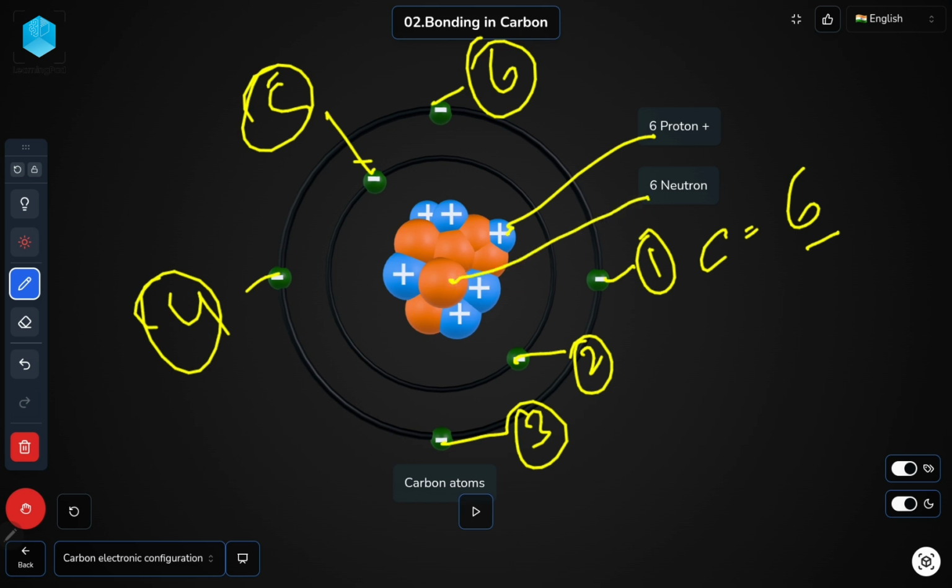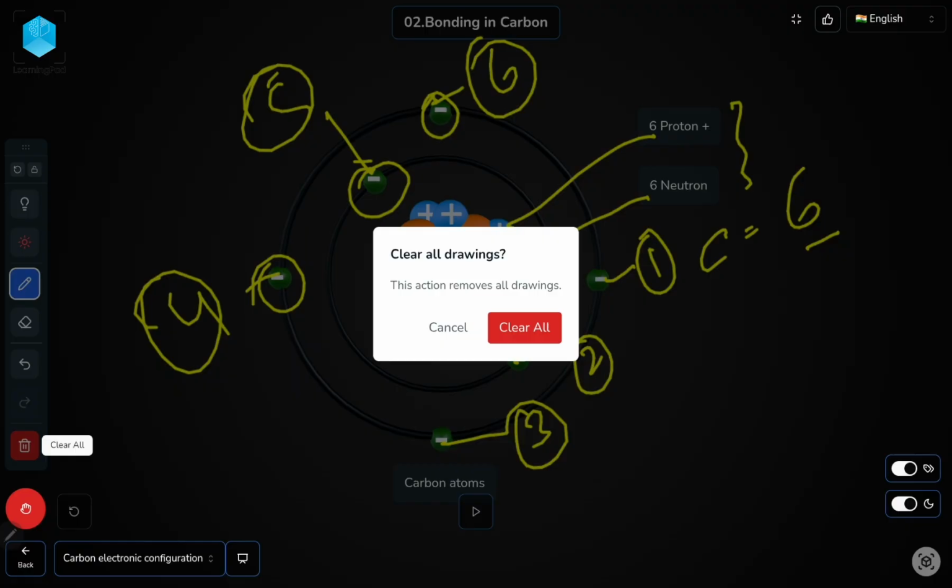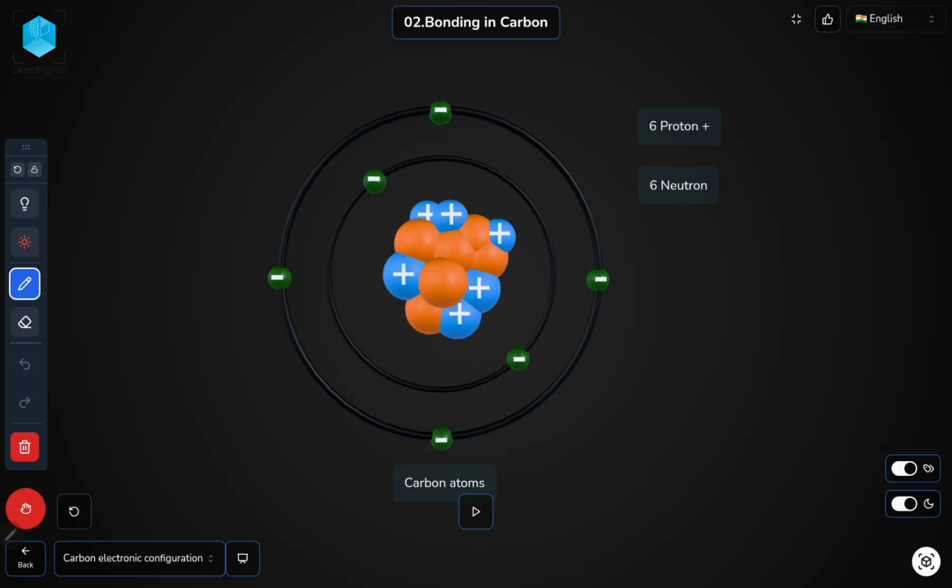So a carbon atom has nucleus in the center, which consists of protons and neutrons, which are both 6 in number, that is 6 protons and 6 neutrons, and we see 6 electrons. These are negative particles which are called electrons revolving round the nucleus. So this is the structure of carbon atom with 6 protons, 6 neutrons and 6 electrons.